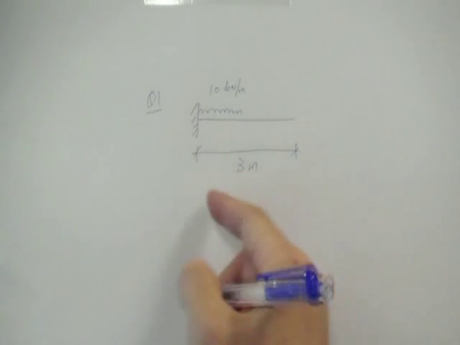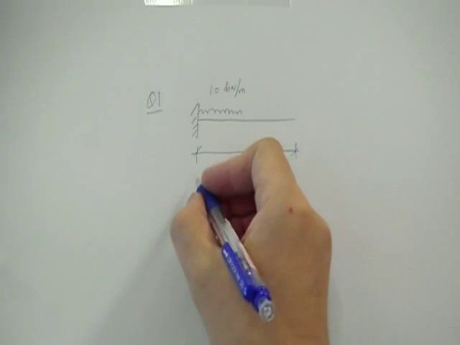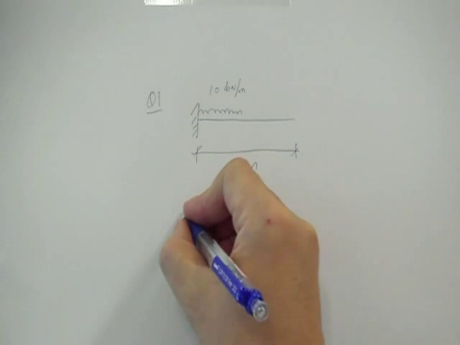So the first part asks you to find out the bending moment due to this impulse load at the fixed support.